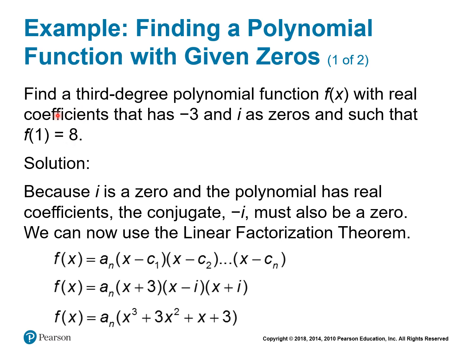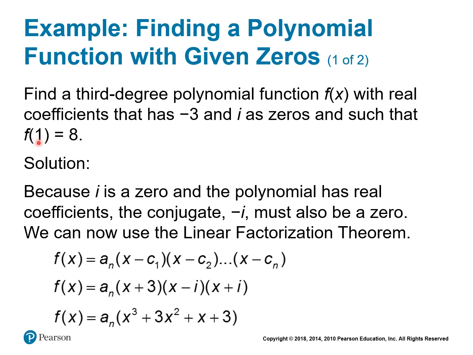All right. So let's read the question. It says find a third degree polynomial function. That means third degree would mean n equals 3. So it would start with x cubed. So find a third degree polynomial function f of x with real coefficients that has minus 3 and i as zeros, and such that f of 1 equals 8.